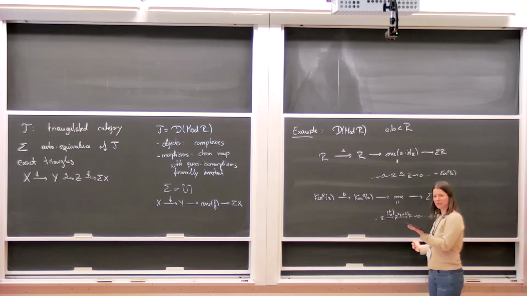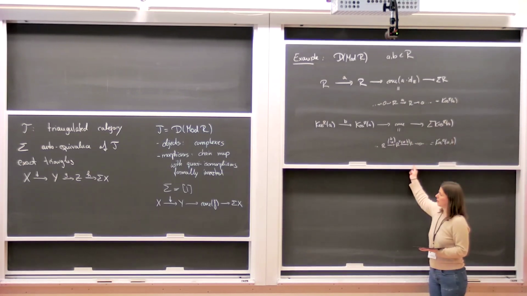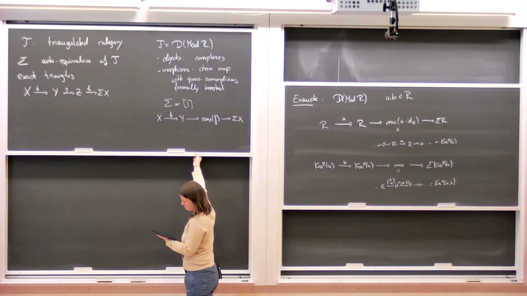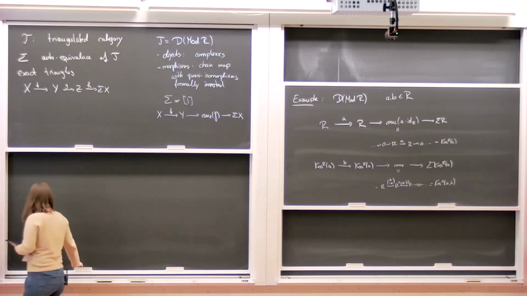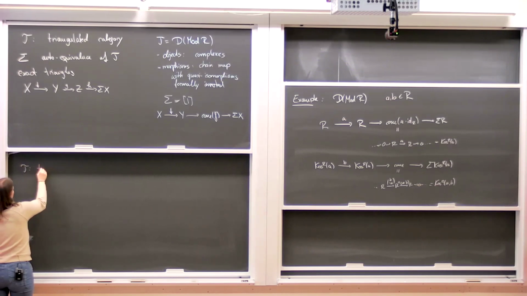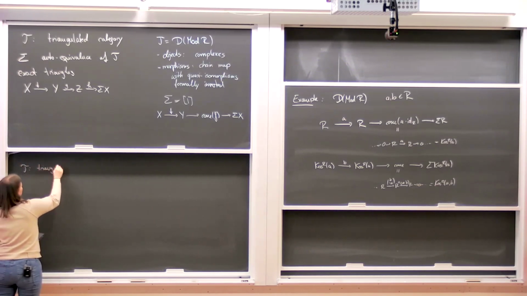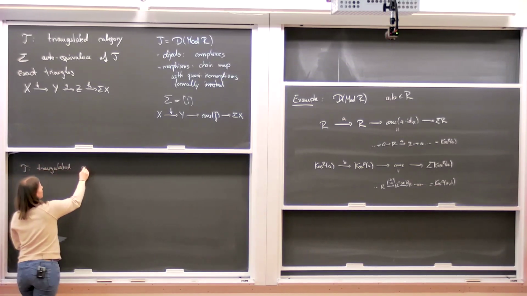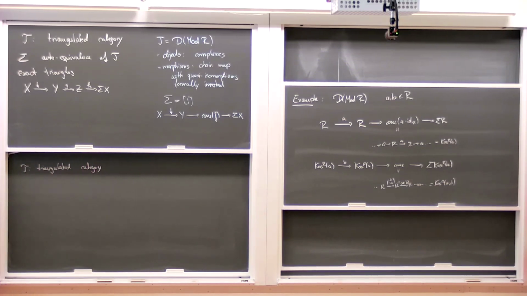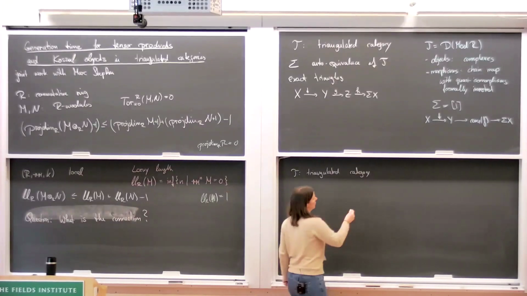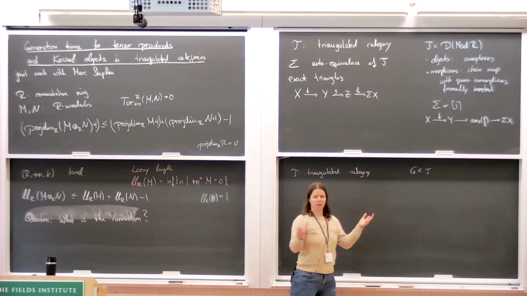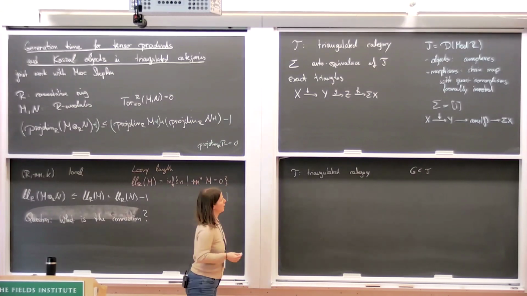So let's make this construction somehow a bit more explicit. Okay, let's go back to a triangulated category and let's start with some object G. In the example on the right, that object was just a ring concentrated in degree 0.